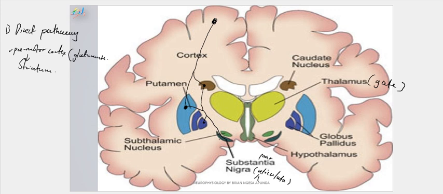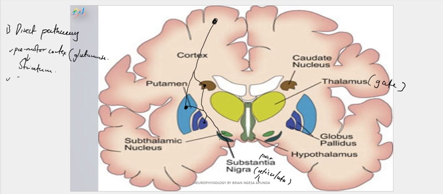So we saw this was excitatory by use of glutamate, but when the striatum sends signals to the globus pallidus internus and to the substantia nigra reticulata, these are inhibitory signals, as we've suggested, and they are likely to use gamma-aminobutyric acid, the GABA.